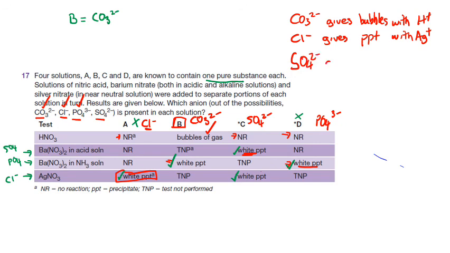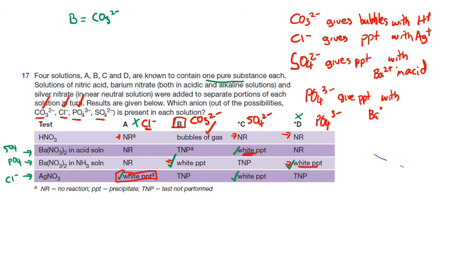SO4 gives precipitate with barium in acid. And phosphates give precipitate with barium in a base. Okay. Now we've only got these 4 tests.